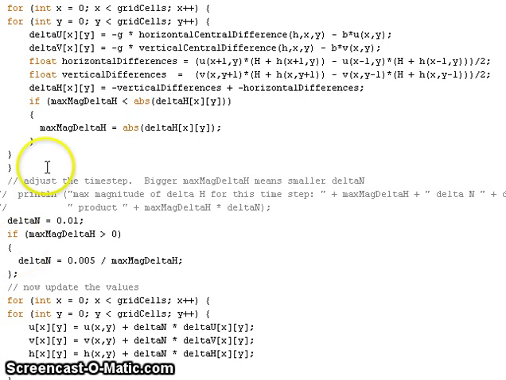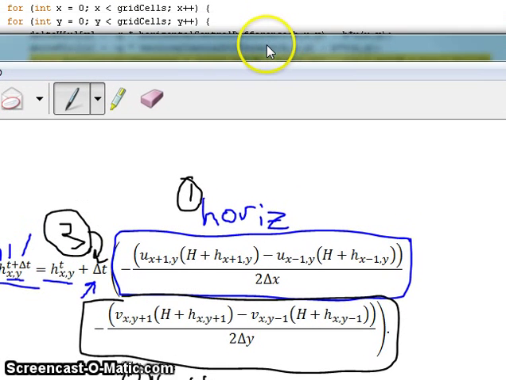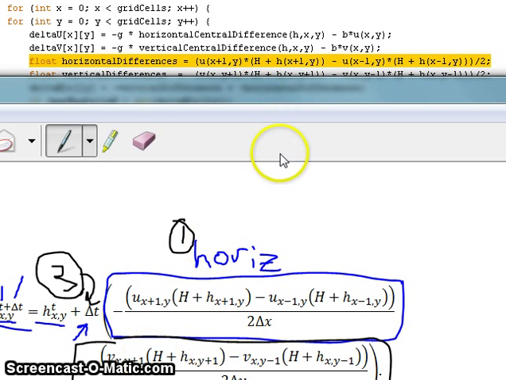Alright, now I've switched over to the code, and you can see piece number one, the horizontal differences, corresponds pretty closely to the equation itself. So I have u at position x plus 1, y, times h plus hx1 plus 1, y, and that's this term right here, minus u at x minus 1, y times h at x minus 1, y.